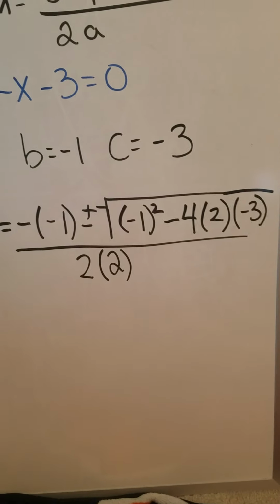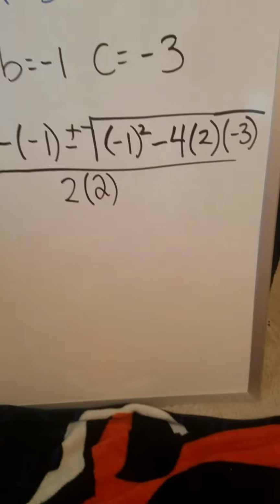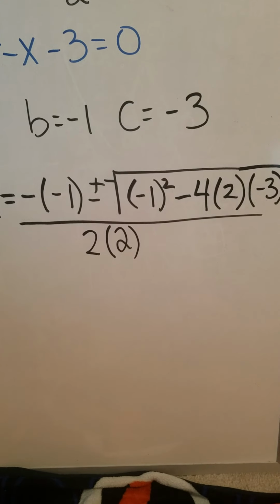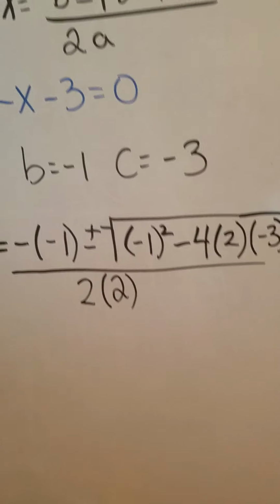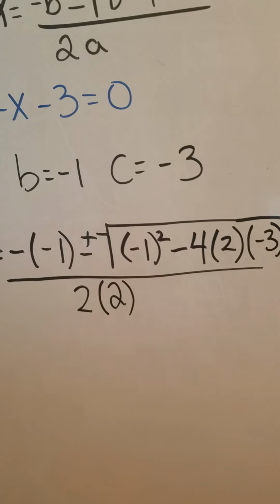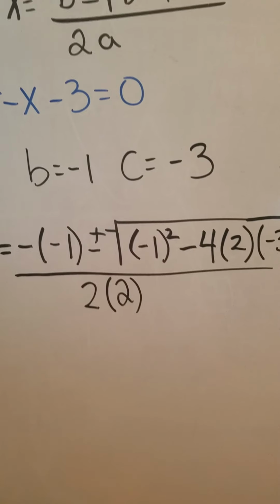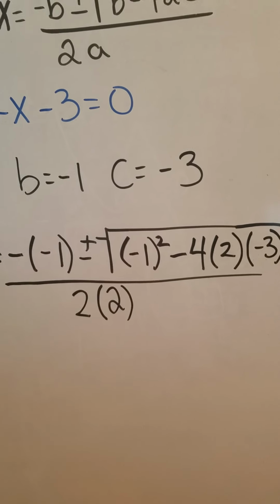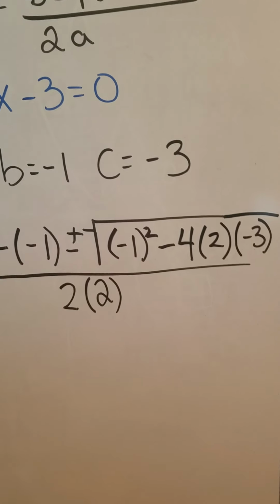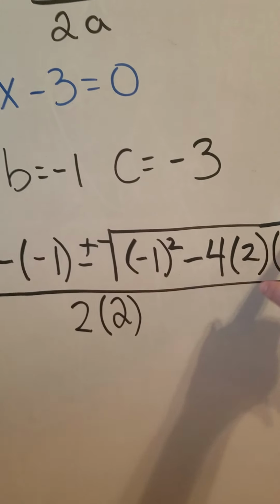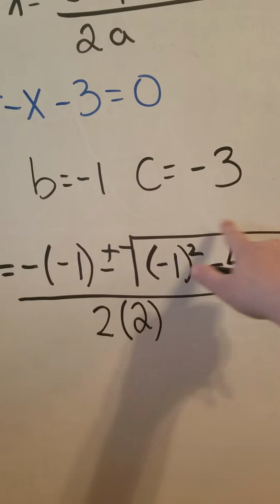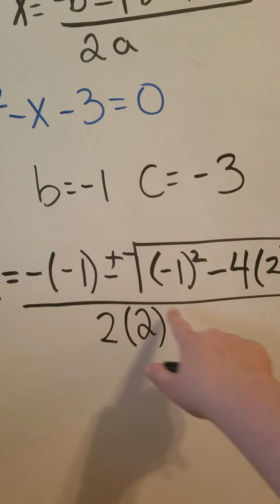Alright. Pause the video a minute if you needed to finish writing this down and fully process what we just put. That is a lot there. So here's the thing. Whenever you guys work with the quadratic formula, there are going to be a lot of numbers. But my suggestion is focus on just this part right here first. This right here is called your discriminant.